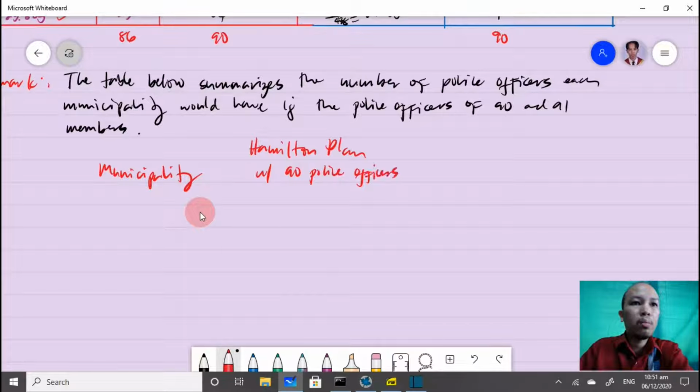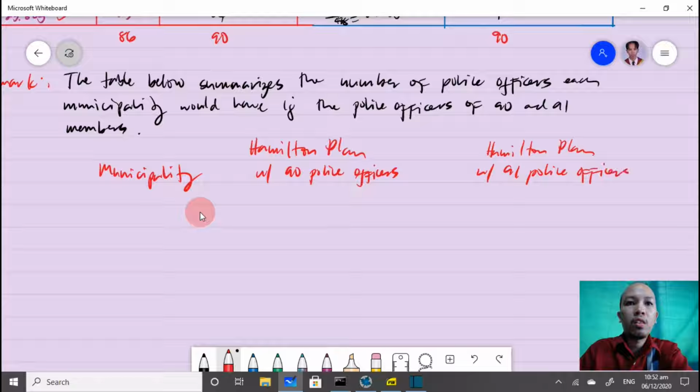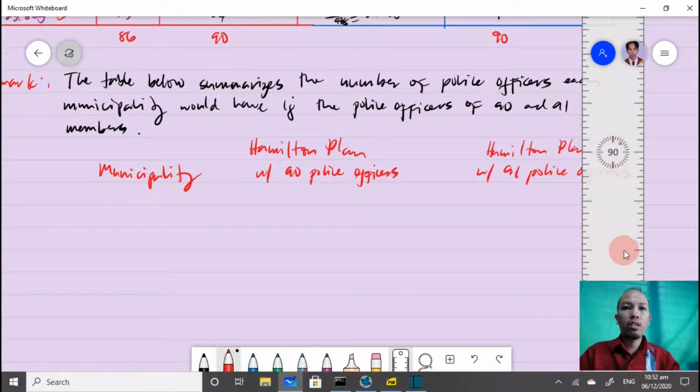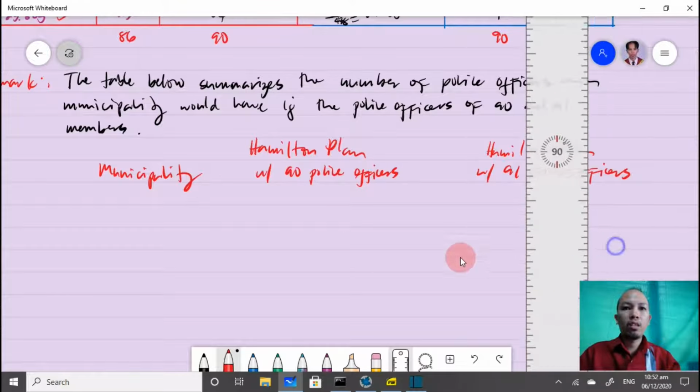There's a purpose for this. This one is the Jefferson-Hamilton plan also with 91 police officers. Then let's make a table here somewhere.